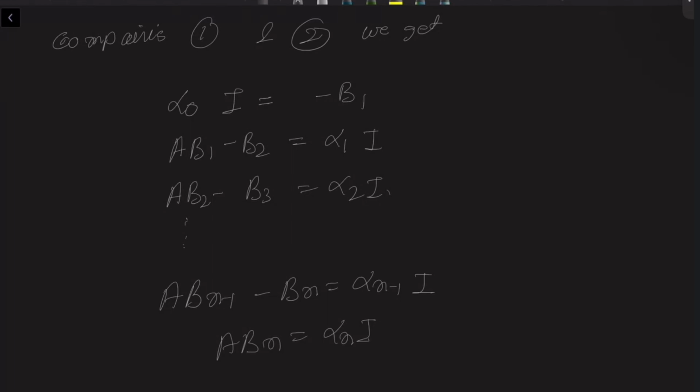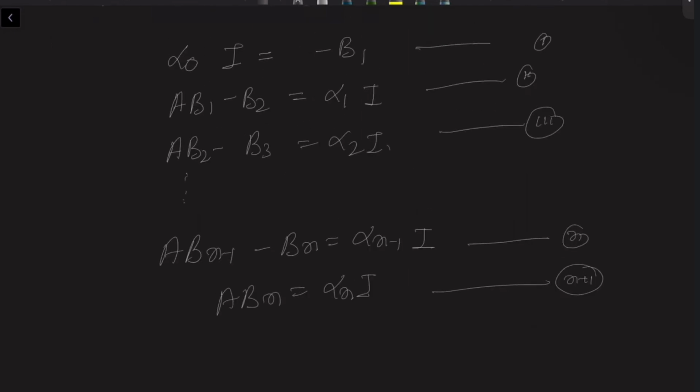Just for my understanding, I'll give them names: 1, 2, 3, this is my n, this is n plus 1. I want to multiply 1 by some quantity, 2 by some quantity, 3 by some quantity, and add all of this.